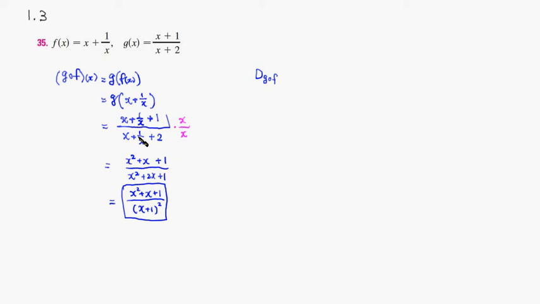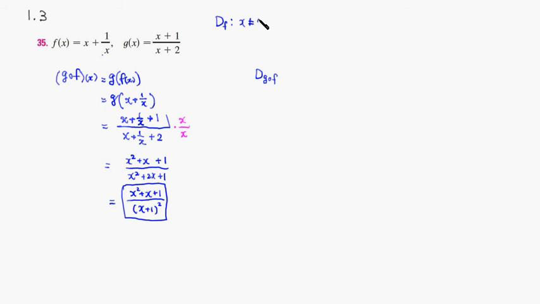First we have to find the domain of each one separately. The domain of f is fairly easy to find. Since you have x on the bottom, we don't want x to be 0, so x cannot be 0.